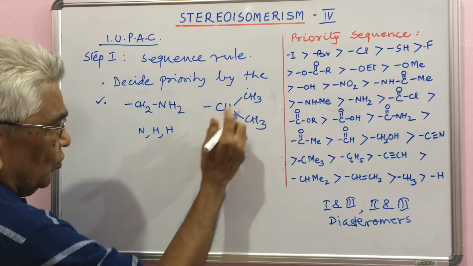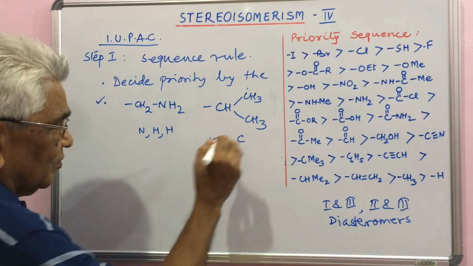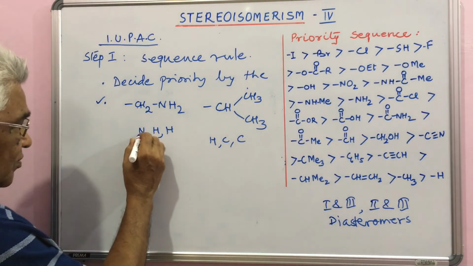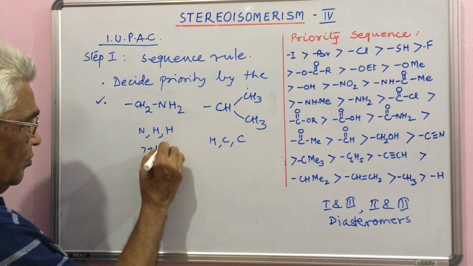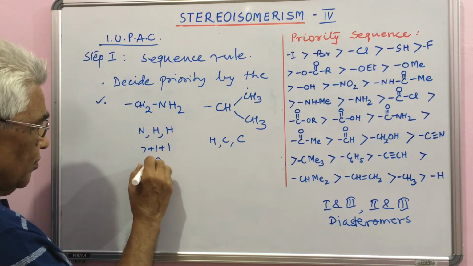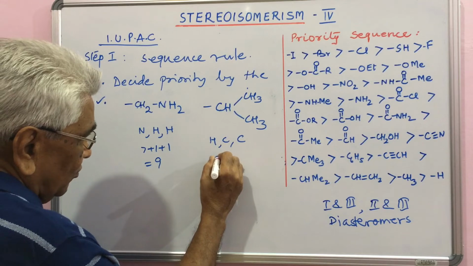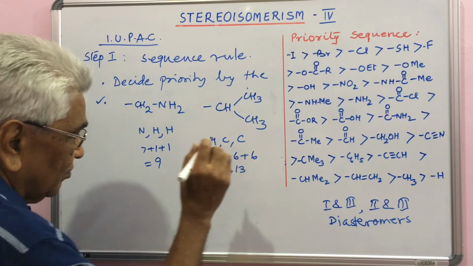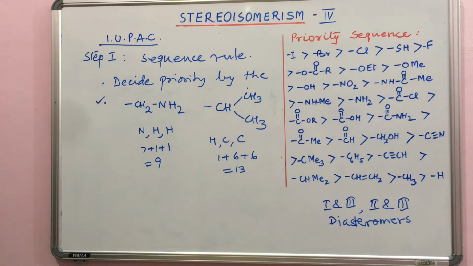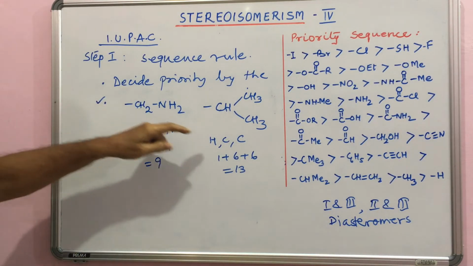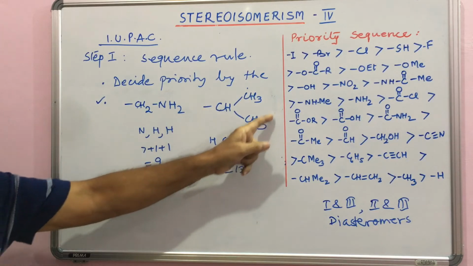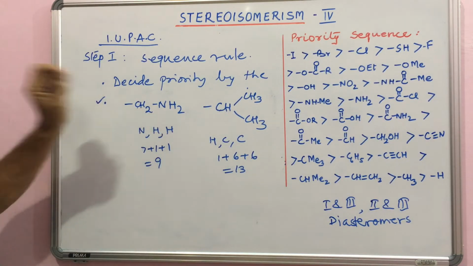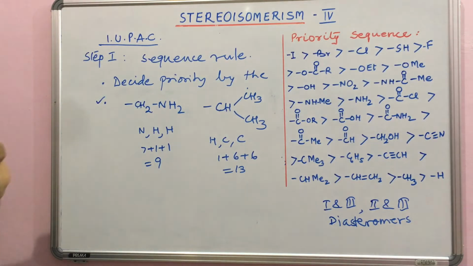One hydrogen, two carbon atoms. The total here is 7 plus 1 plus 1, 9. Here 1 plus 6 plus 6, 13. This should get the priority over the aminomethyl group, but this is not so.